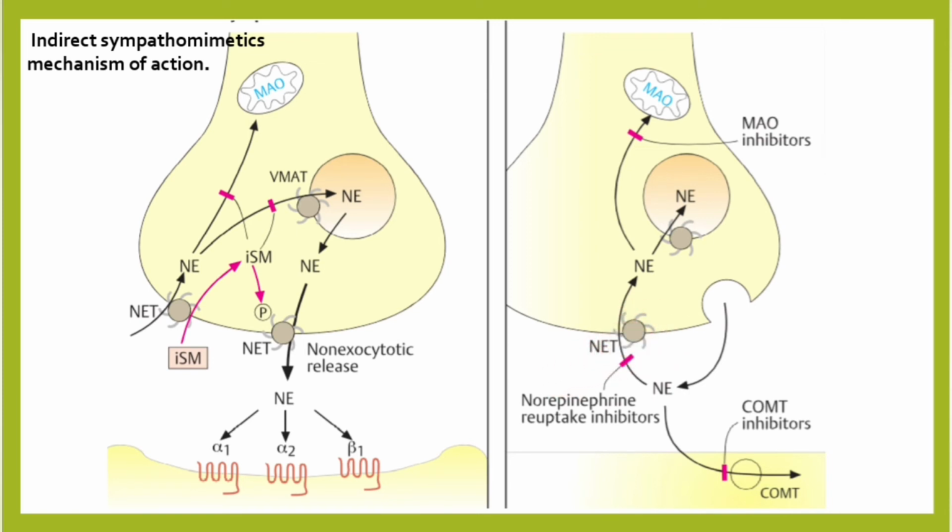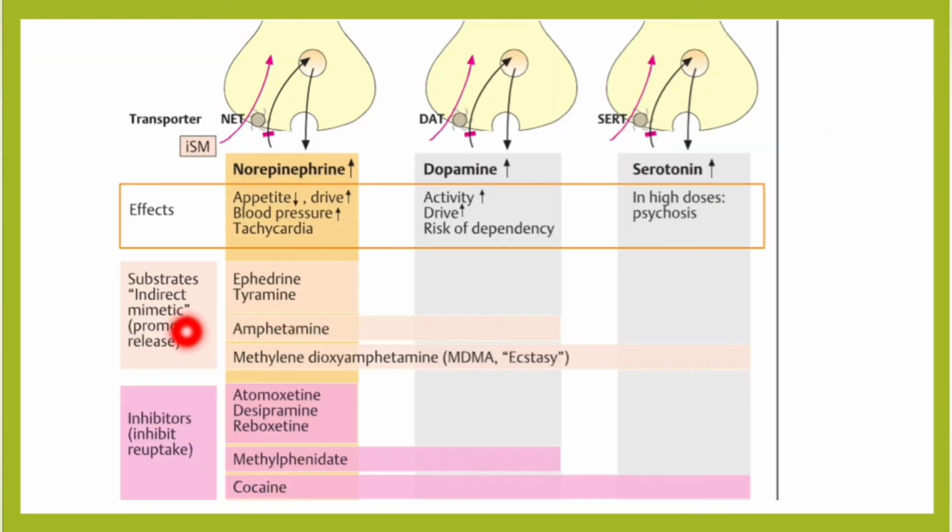All right, so these are some of the drugs here. First, you have the indirect mimetics. They promote release. These drugs include ephedrine, tyramine, amphetamine, methylenedioxyamphetamine, and then inhibitors of reuptake.